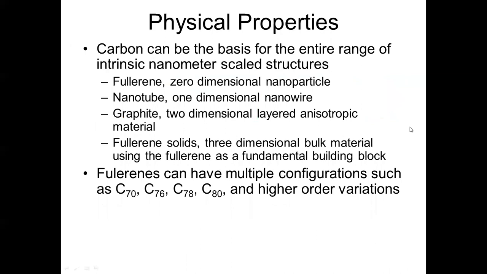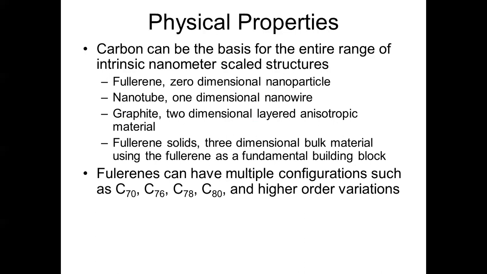So carbon can be the basis for an entire range of intrinsic nanometer scaled structures. We typically have materials like the fullerene, which is a zero-dimensional structure. We have nanotubes, which are one-dimensional, described as a nanoparticle that will have one dimension that's greater than a nanometer. And then we can have graphite, which has 2 dimensions greater than a nanometer, but it's a nanometer thick.